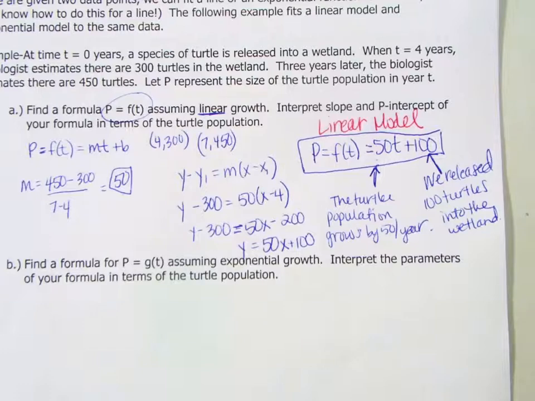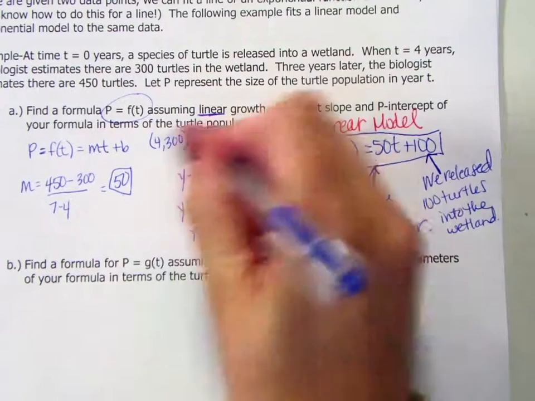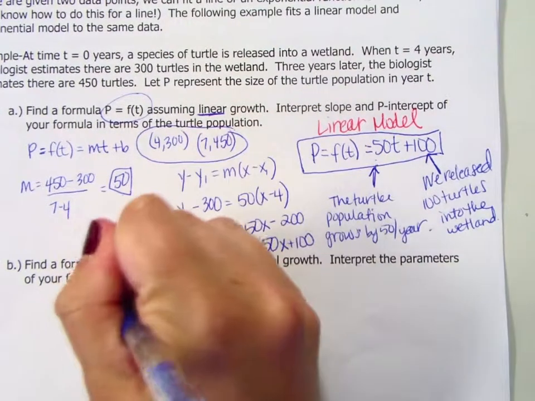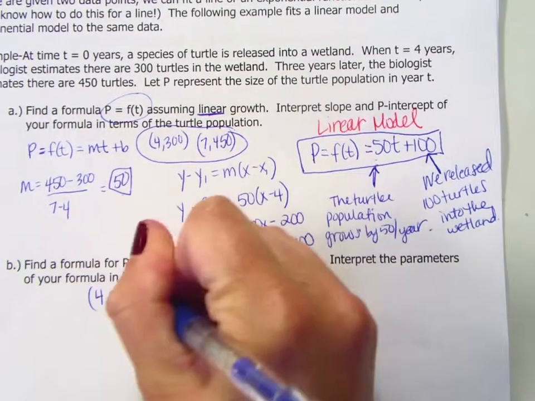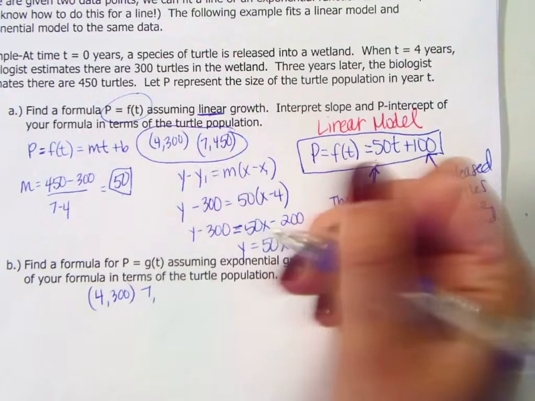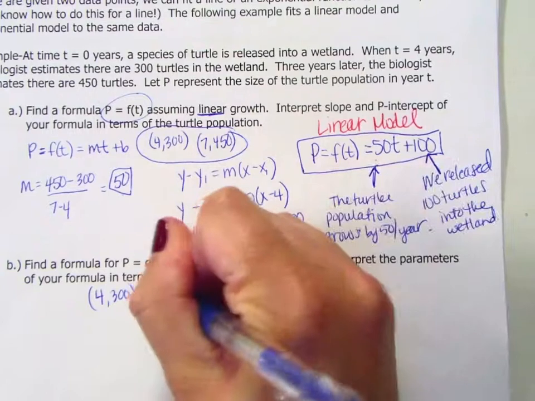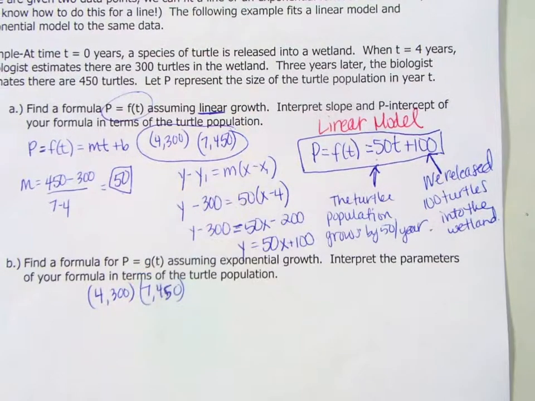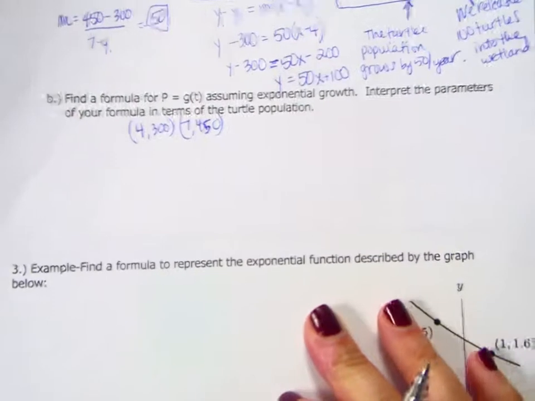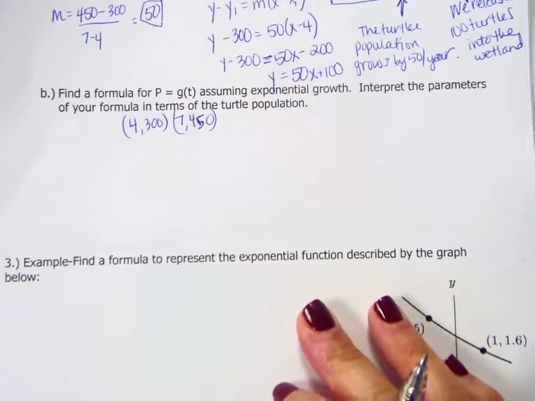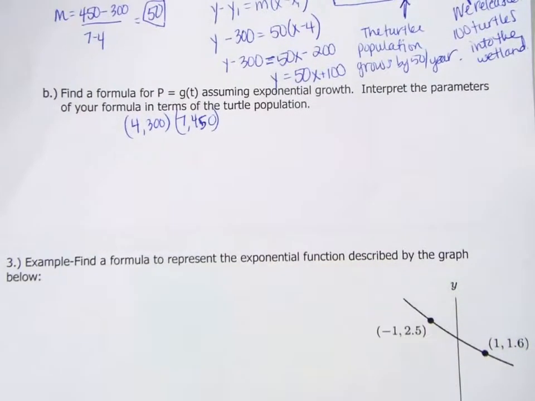Okay, what we need to do now, using these same two data points, 4, 300 and 7, 450, is fit an exponential model that uses those 2 points. This is not something that you have ever done before, unless maybe you did it in science.